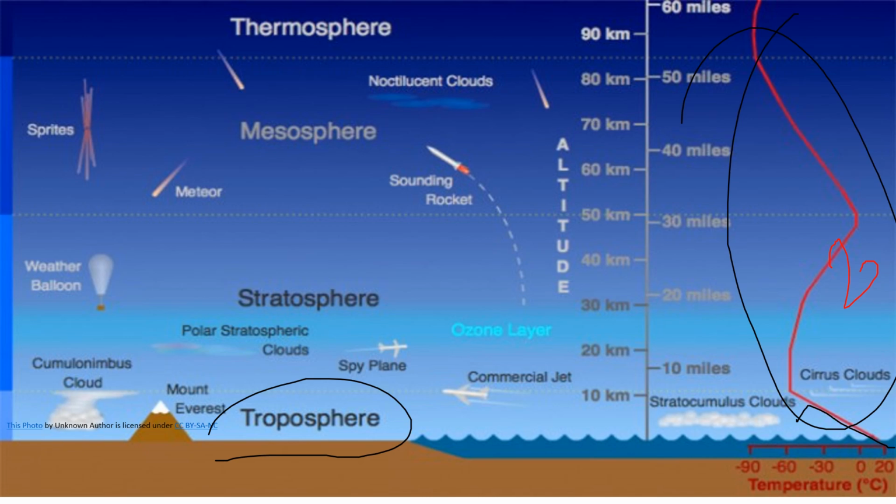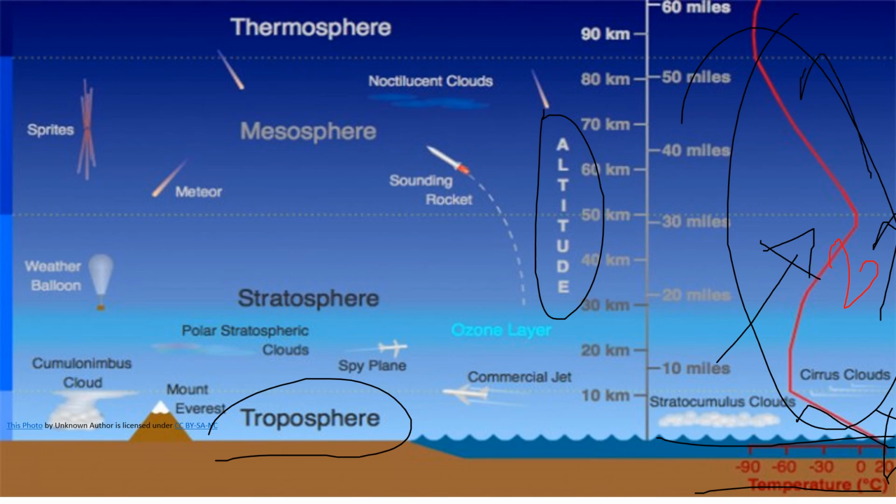Then in the stratosphere, the temperatures increase as altitude also increases. On this side we have altitude, and on the x-axis we have the temperature. So as the temperature decreases in the mesosphere, the height also increases.